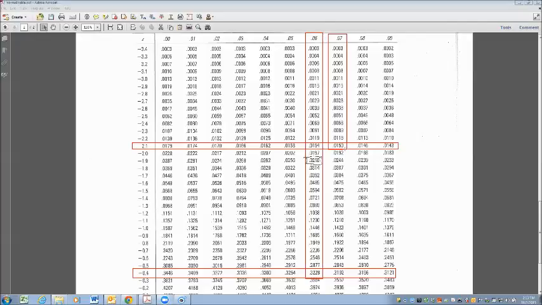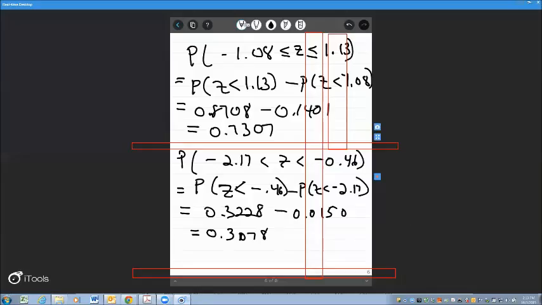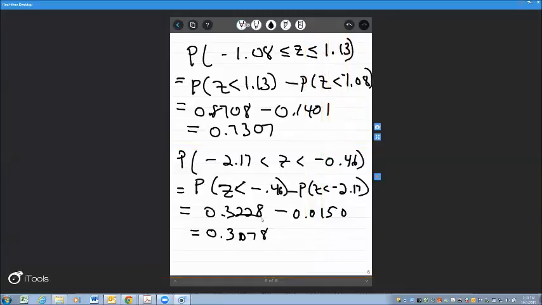Again, hopefully I did my arithmetic correctly there. So we take 0.3228 minus 0.0150, which gives me 0.3078.